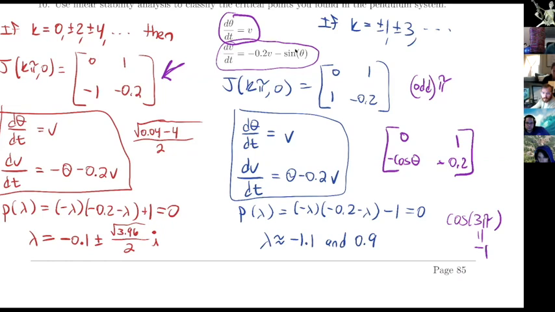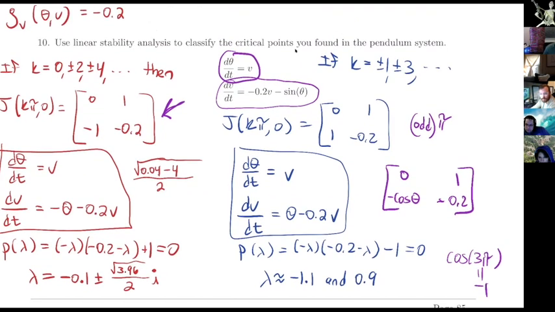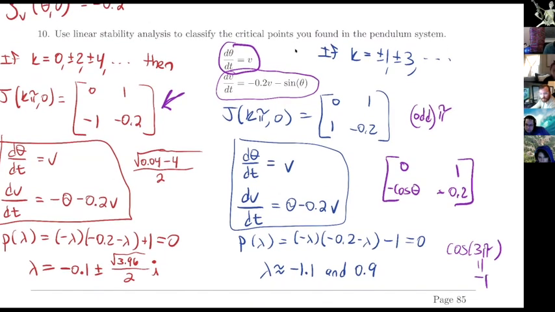But that's why you're getting the difference in stability for the even and the odd ones, because the Jacobian has different values when k is even versus odd. I thought the question was about this one. If it's about something on the homework, I could take a look at that separately.